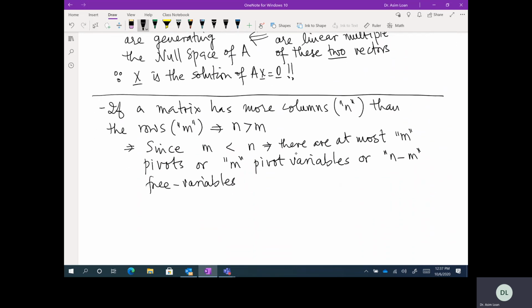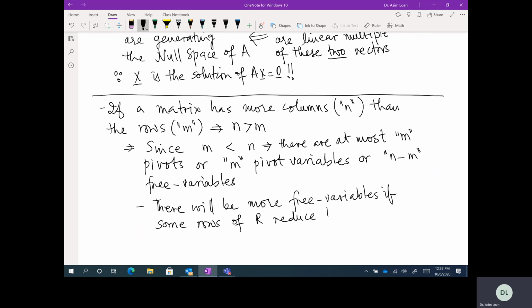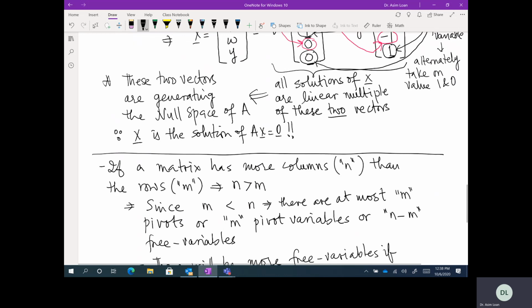Okay, so since m is less than n, there are at most m pivots, or m pivot variables, or n minus m free variables. There will be more free variables if some rows of R reduced to zero, which is the case over here.